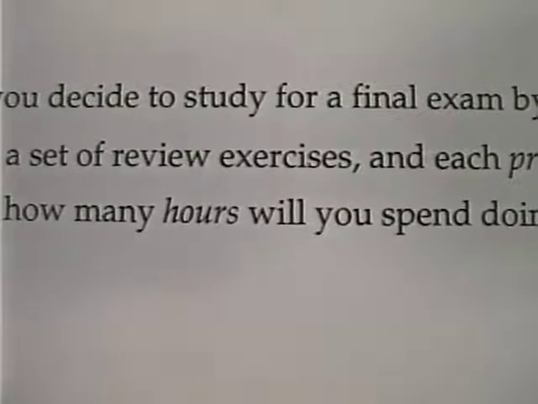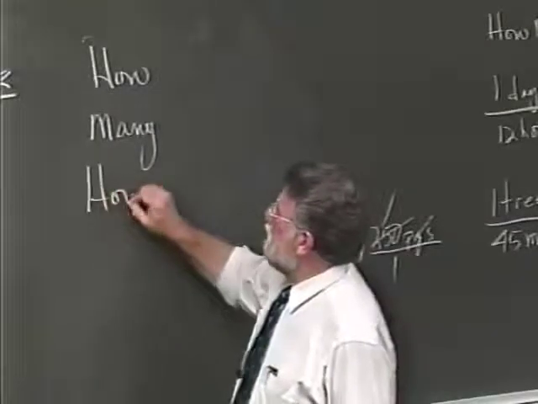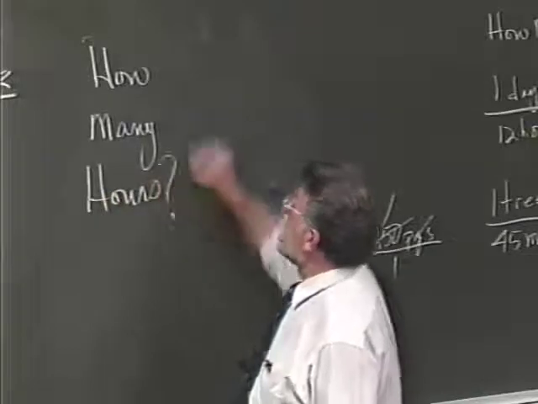So that's good. The question was earlier, how do I know where to start? And it sounds like we found the answer. As we look at this, the question here is, how many hours? So that is where you start.